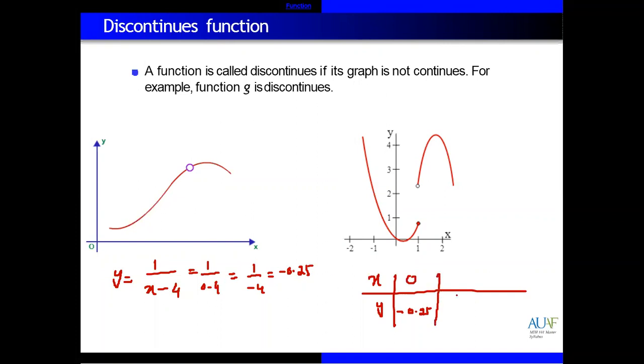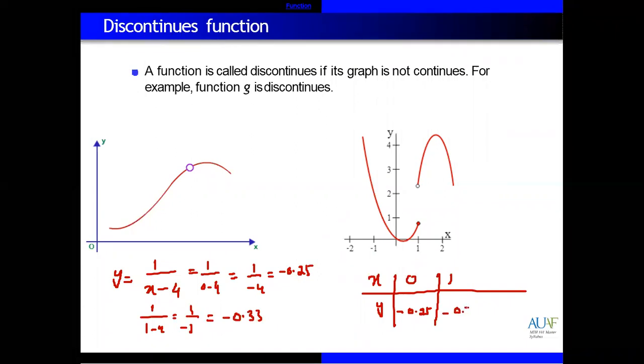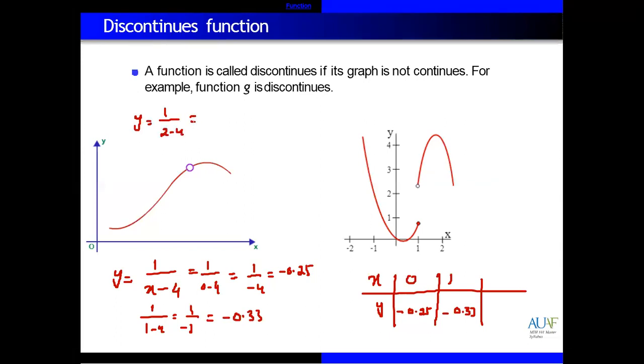Then if we give x equal to 1, this will be 1 divided by 1 minus 4, 1 over minus 3, which is minus 0.33. When x is equal to 2, y is 1 over 2 minus 4, which is 1 over minus 2, so y is minus 0.5.